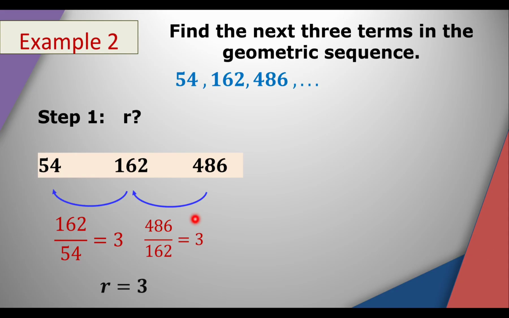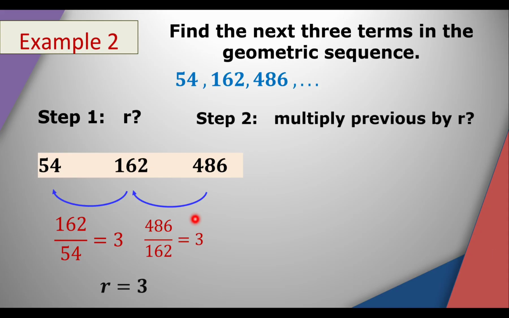Now that we have the common ratio, we are ready to determine the next three terms. What would be the next term after 486? We multiply the previous term by r. So 486 multiplied by the r, which is 3. Use your calculator.